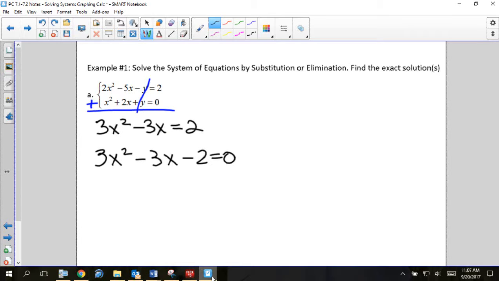Okay, so if you try to factor it and it doesn't factor, maybe it's not factorable. So what is the backup plan for solving an equation that's not factorable?